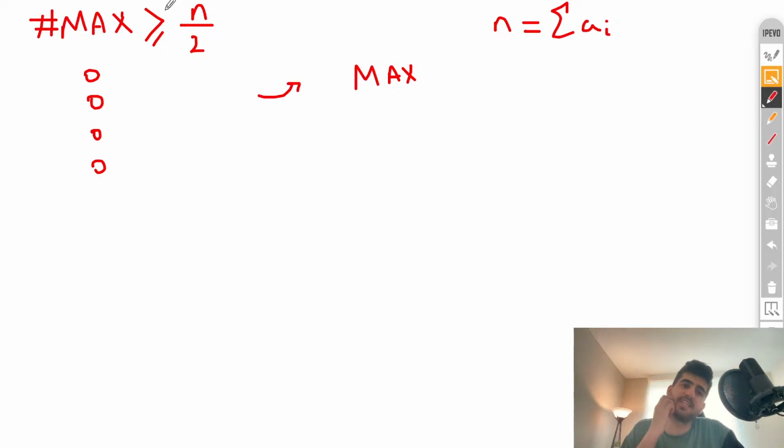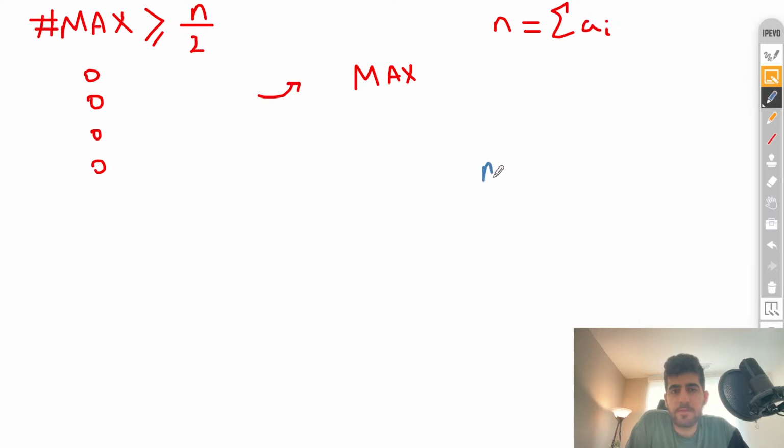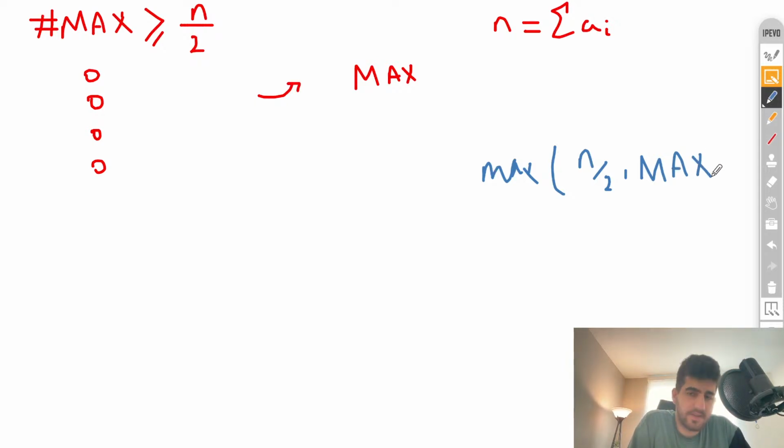Okay, so the first case, I want to show that the answer is the maximum of the sum of numbers divided by 2 and max. So I want to show that the answer is going to be the maximum of these two values, n half and this maximum occurrences. First, I showed that if max is the maximum one, then definitely that one is the answer, right?